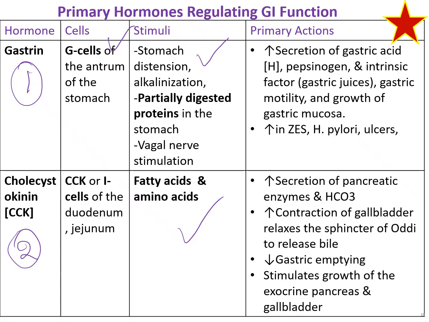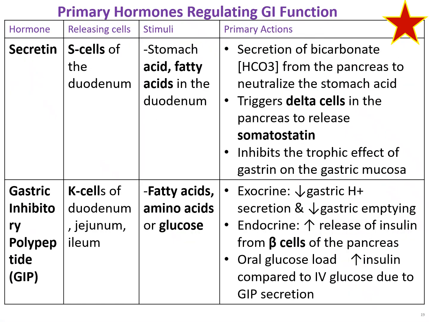Just analyze the name: chole means bile, cyst like a duct sac, and kinin is movement, so gallbladder movement, right? So it stimulates the secretion of pancreatic enzymes and bicarbonate, contraction of the gallbladder, relaxation of the sphincter of Oddi to release the bile, decreases the gastric emptying, and stimulates the growth of the exocrine pancreas and gallbladder.